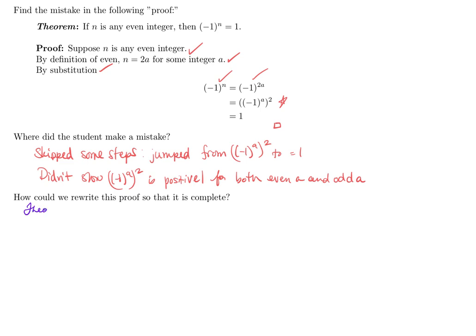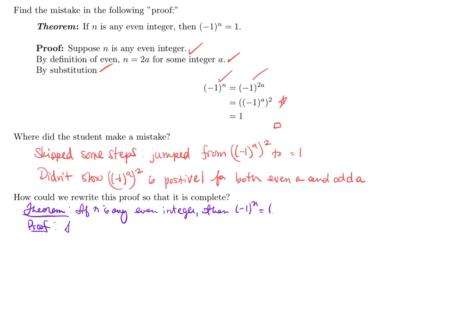So let's see here, theorem: if n is any even integer, then -1 to the n equals 1. So we'll leave it the same. It's not a universal conditional, but that's okay. It's just an example.